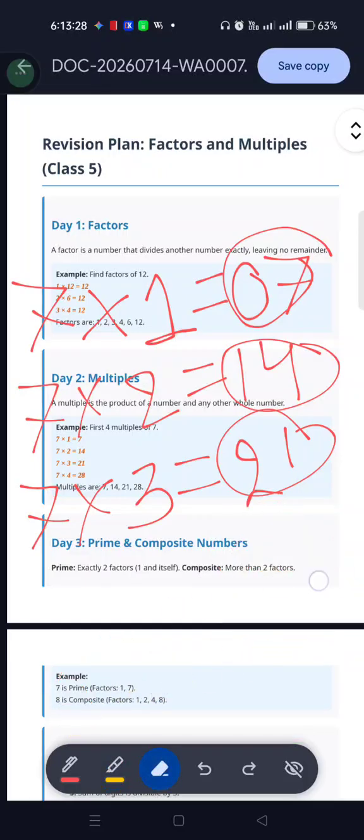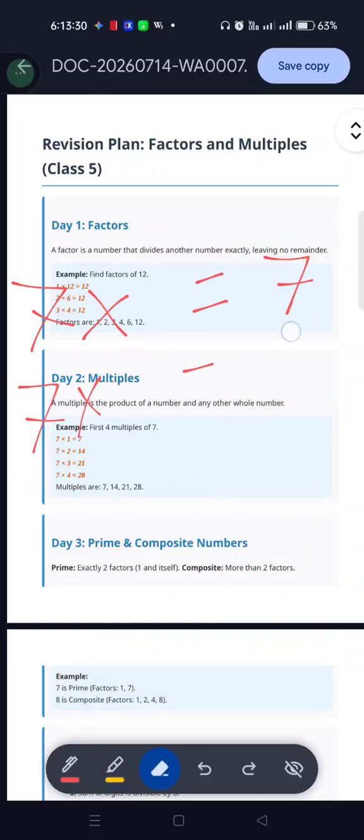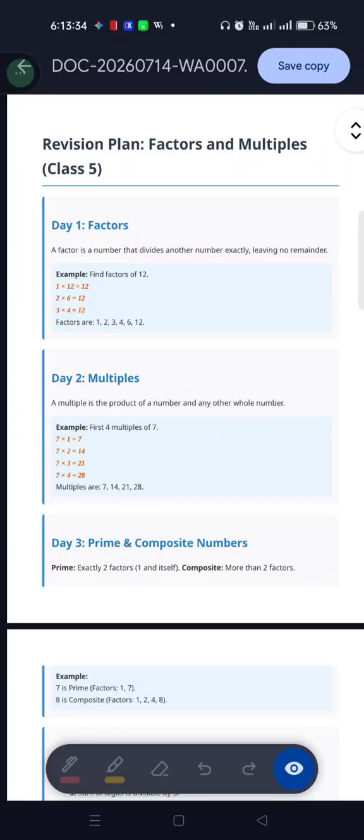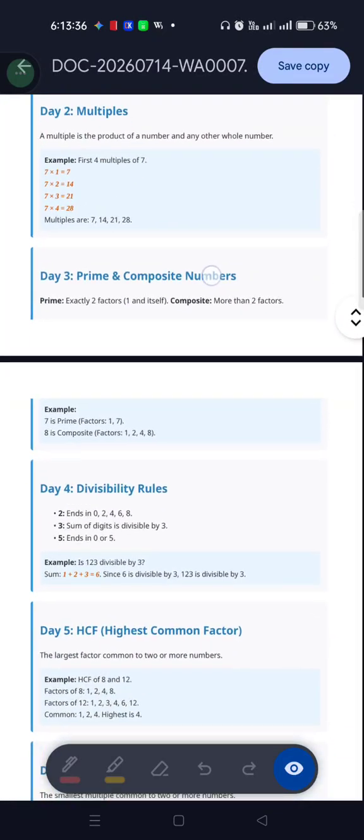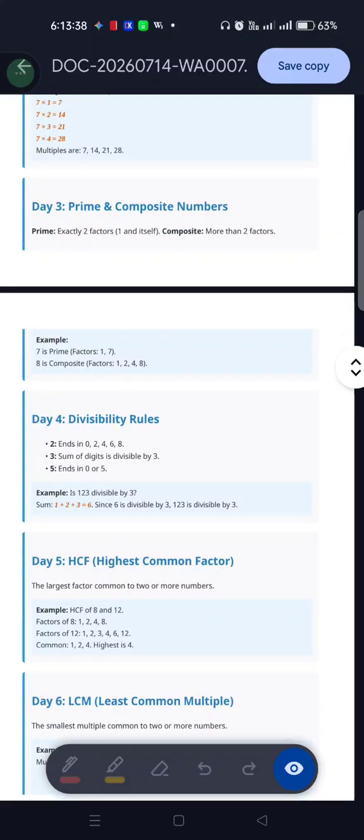So now we are moving on to prime and composite numbers. What are prime numbers and what are composite numbers? Its short definition is given here. Prime numbers are the numbers which have exactly two factors, one and itself.